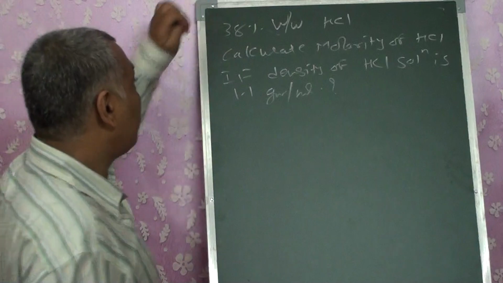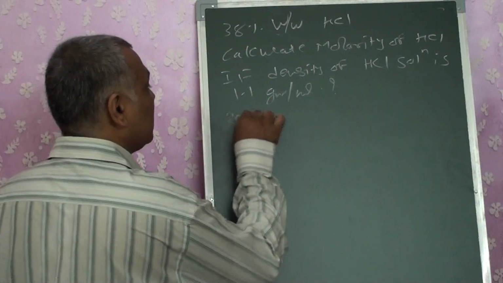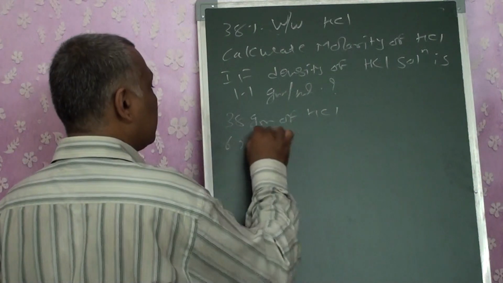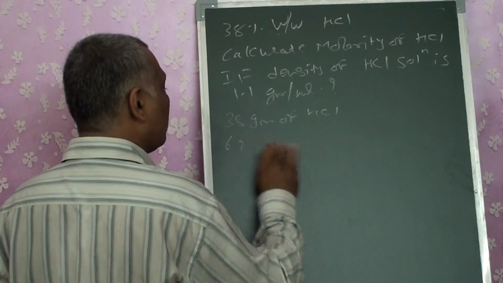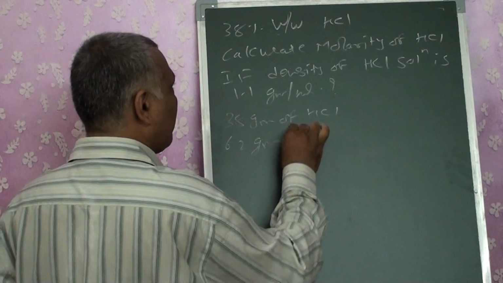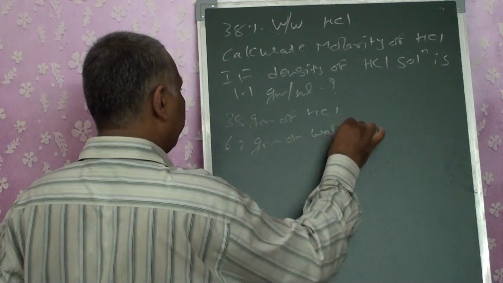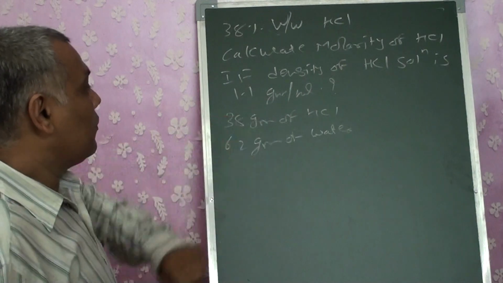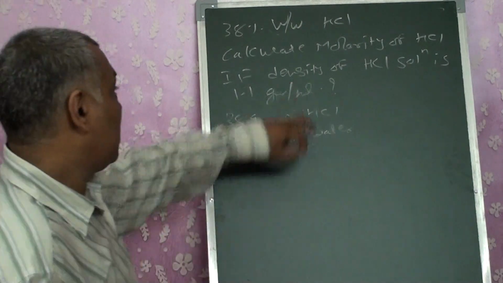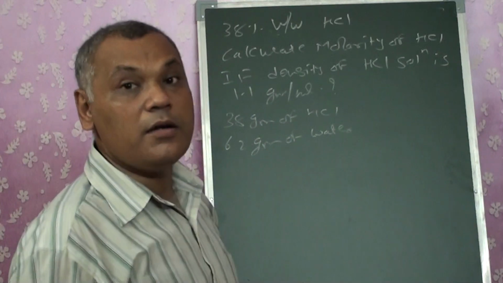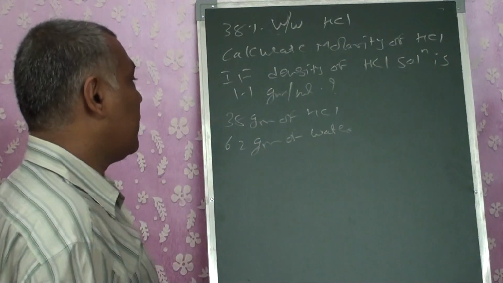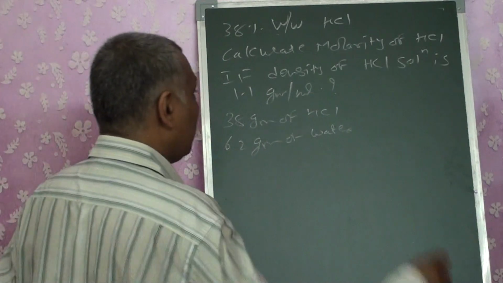We know it as 38% weight by weight. What does it mean? 38 gram of HCl, 62 gram of water. Now it's given to me both of them in mass. For the molarity I need volume of solution, but it's not there. So what can I do?